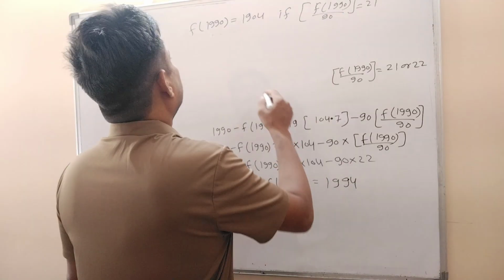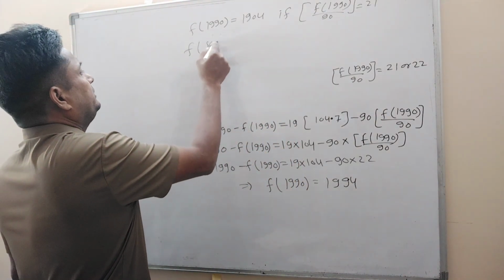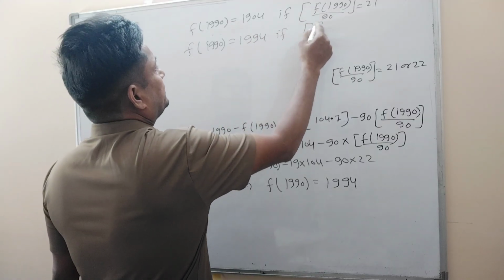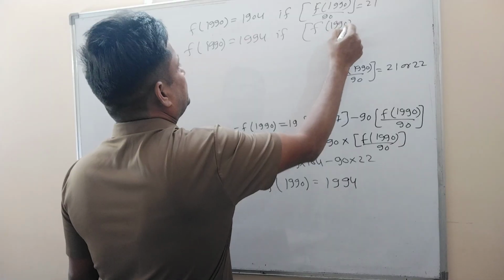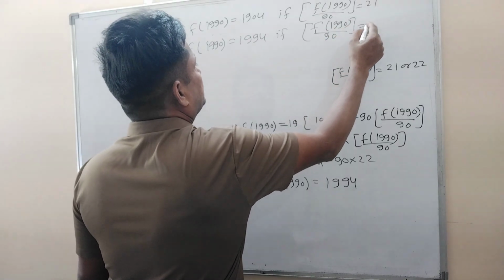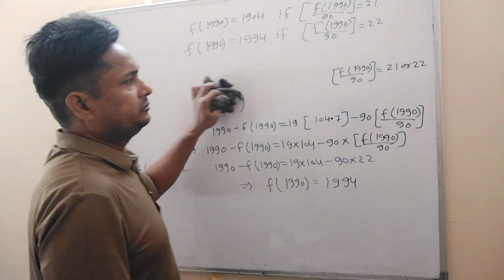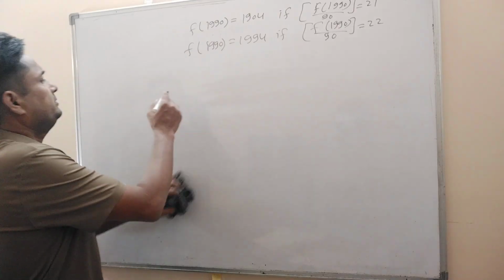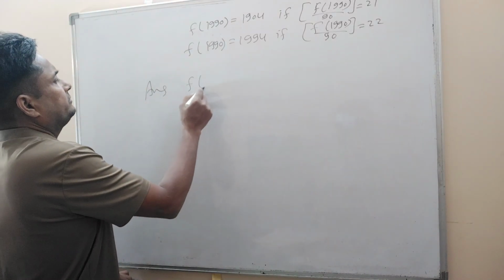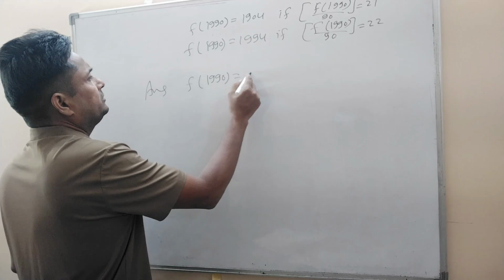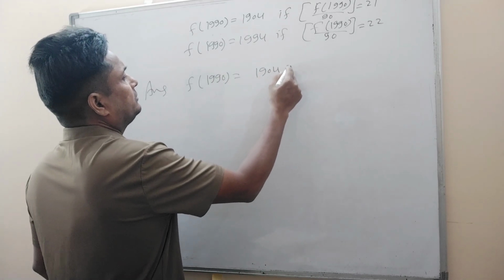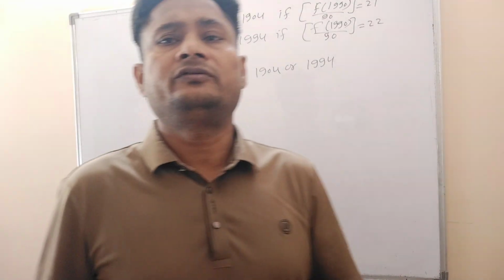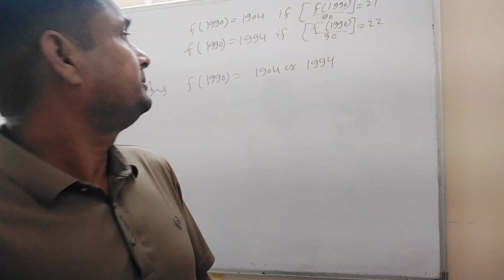So f(1990) is equal to 1994 if the greatest integer of f(1990) by 90 is equal to 22. So these are the two possible values. We are getting the answer: f(1990) is equal to 1904 or 1994. These are the two values for this question.